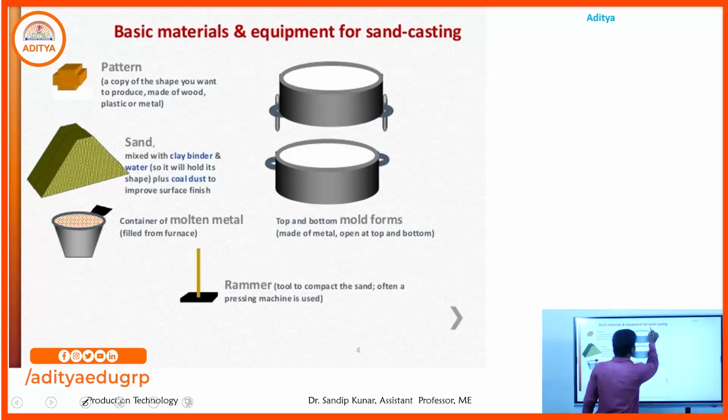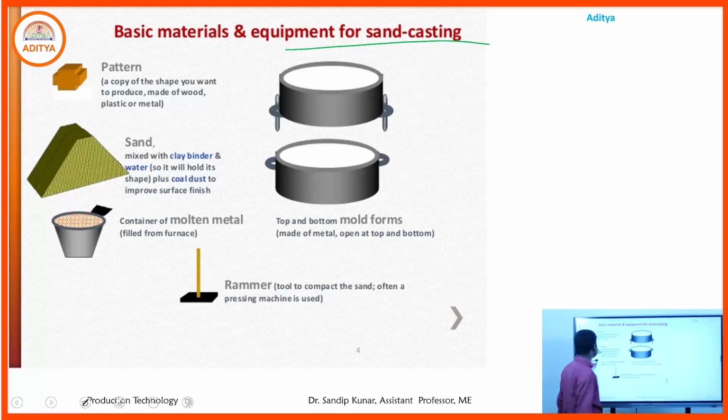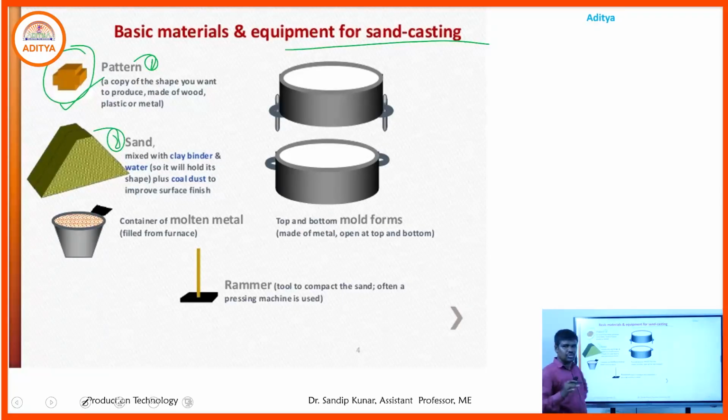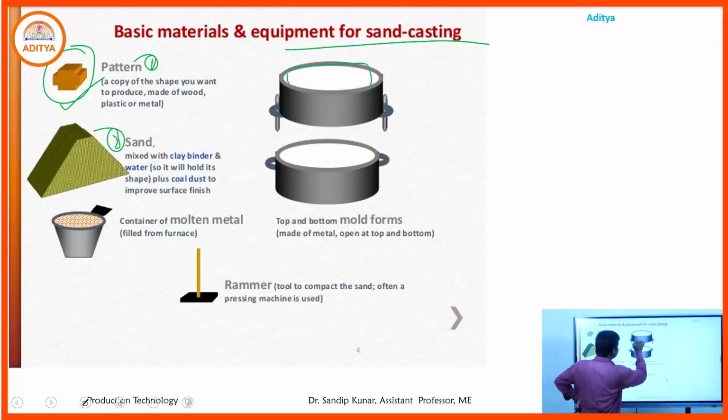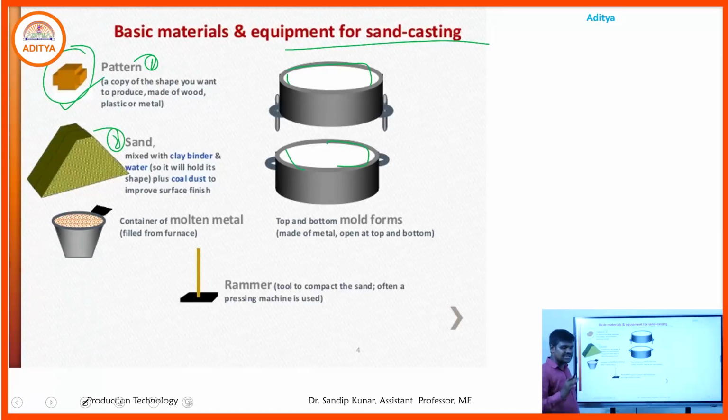These are the basic materials and equipment for sand casting. First is the pattern, the particular shape we want to produce. Second is sand, which is used for filling up the mold box. Third is a container for the molten metal, which is carried by the ladle.